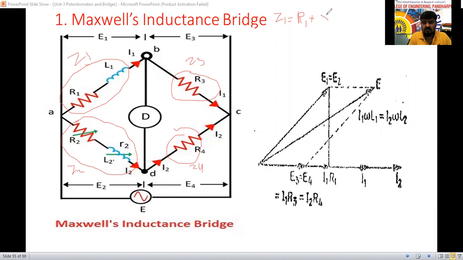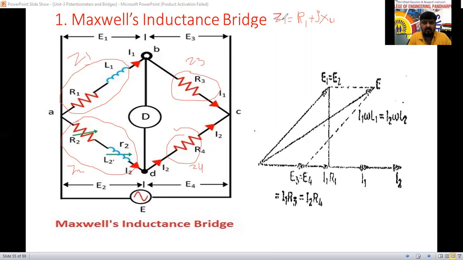XL1, but it is an imaginary part. We are going to use R1 plus jXL1. Is it correct? Z1 equal to R1 plus jXL1. We can write like this.